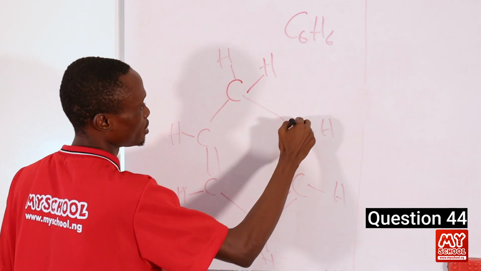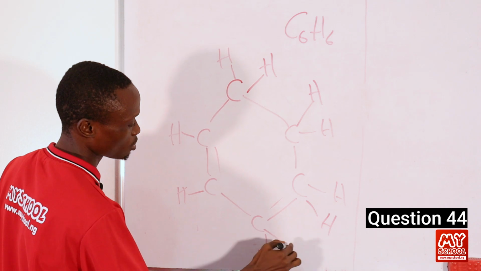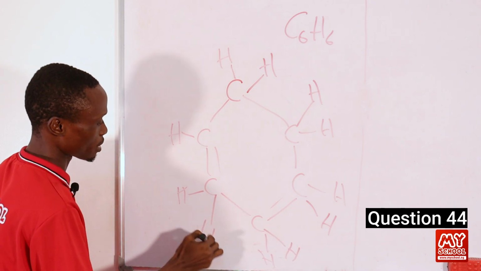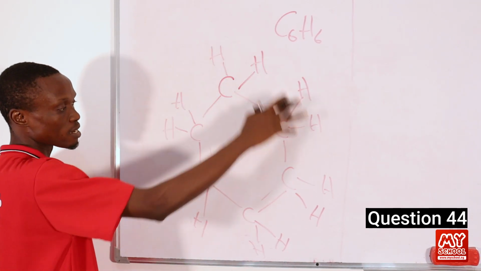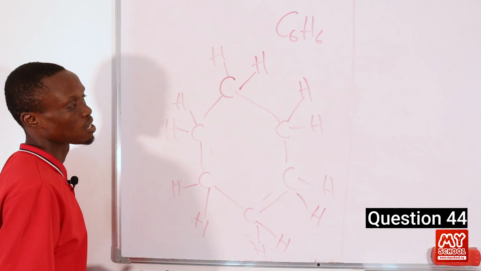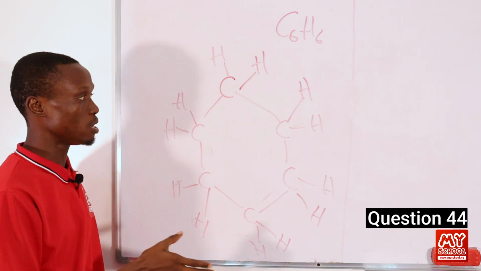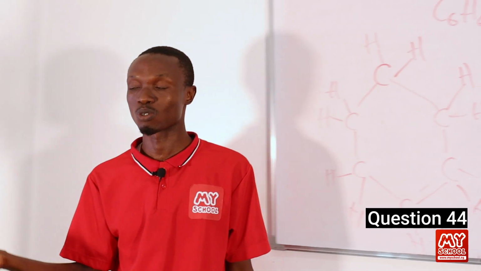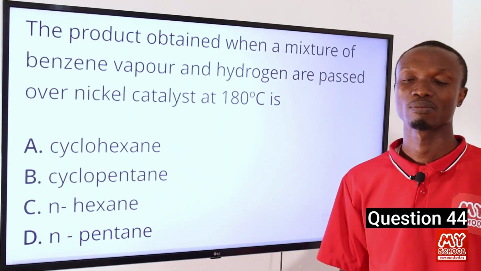One hydrogen is added here, another here, another here, and so on, and these double bonds break off. At the end of the day, you are going to have cyclohexane. That makes option A the correct answer to this question, which is cyclohexane.